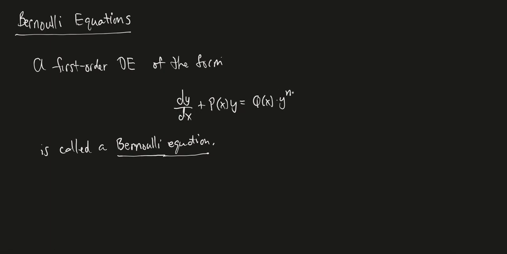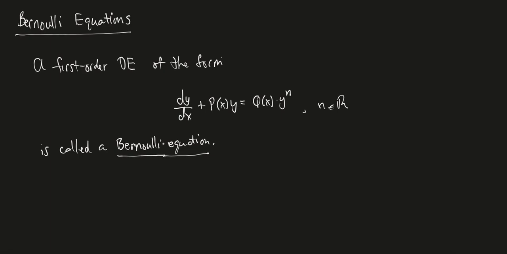Now, what is n? n technically can be any real number. The thing though is if n is equal to 0, then this factor is eliminated and you end up with something linear.